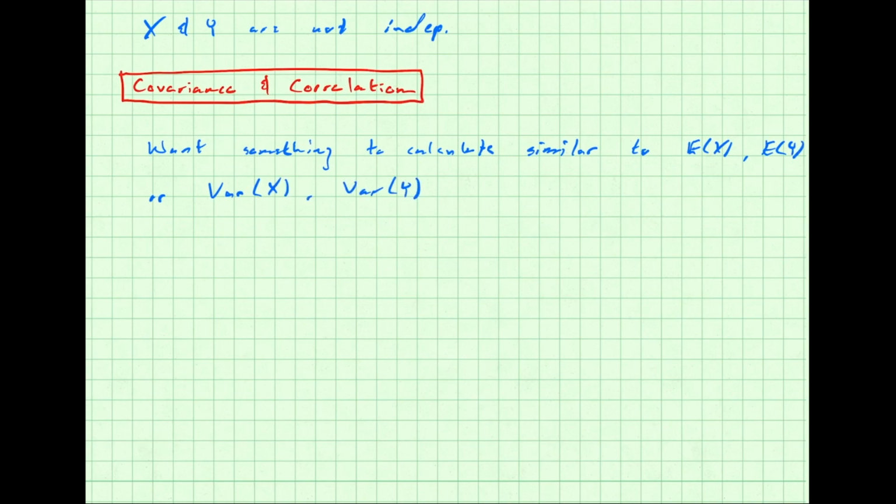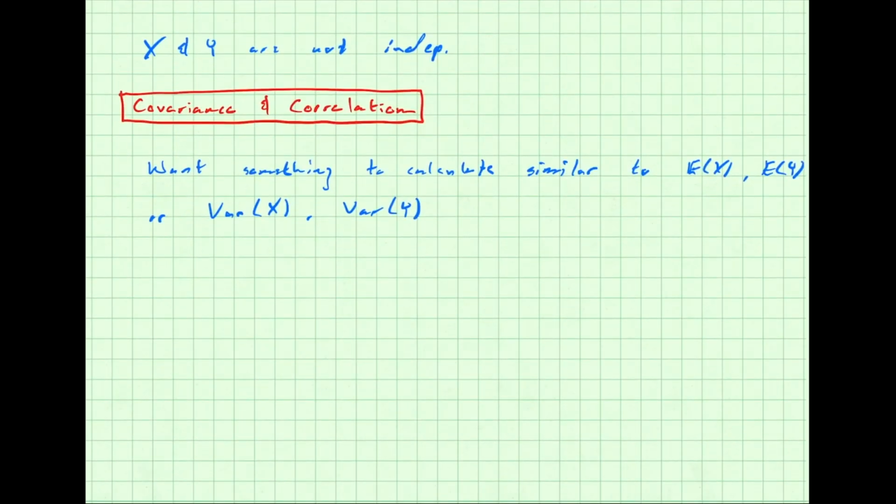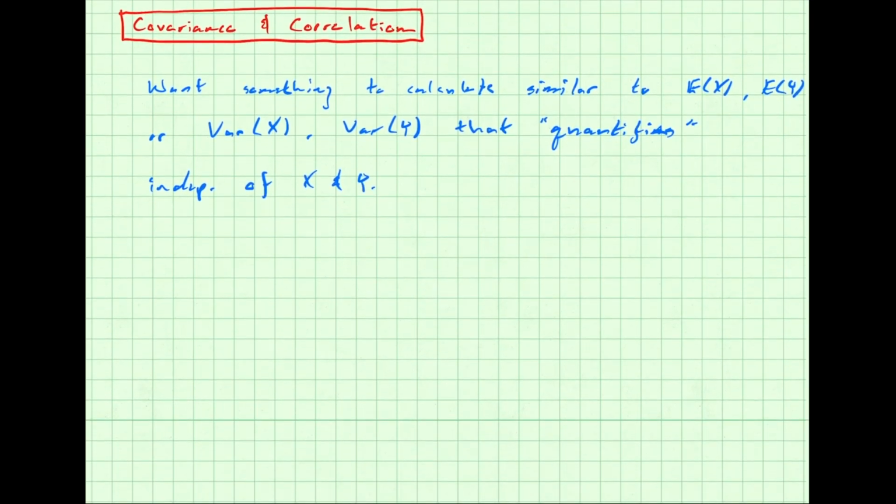We want something that somehow measures the independence of x and y, or the dependence, if you want to call it that. Not something that just says yes or no, but something that says how much. That's the idea that we want here.